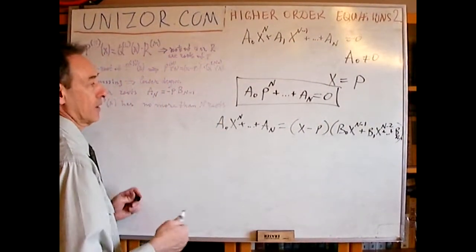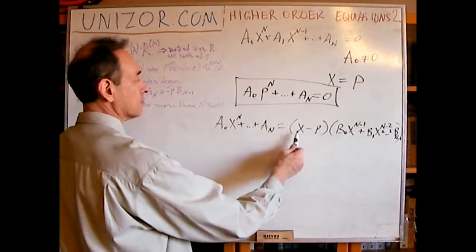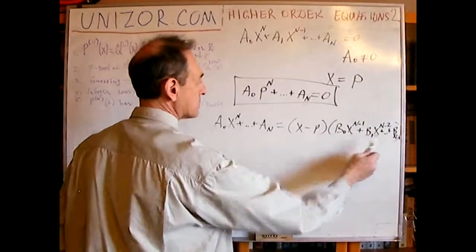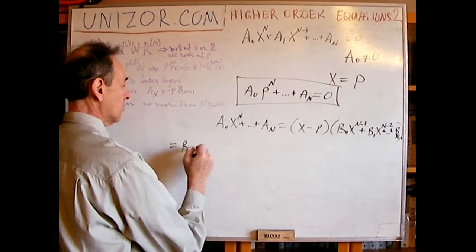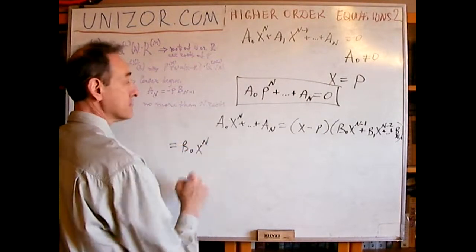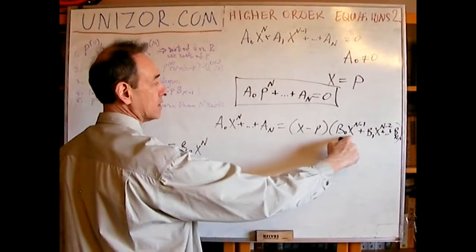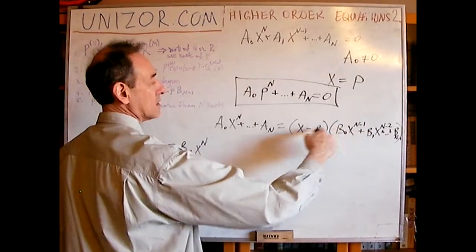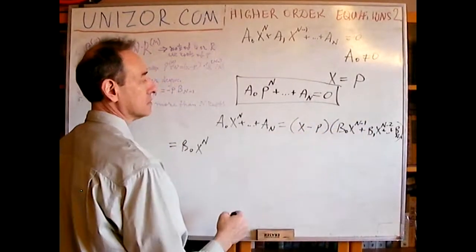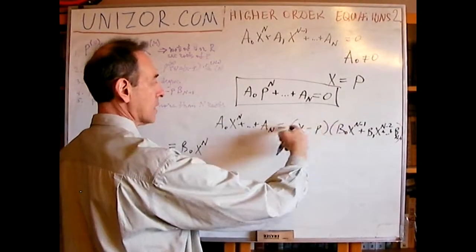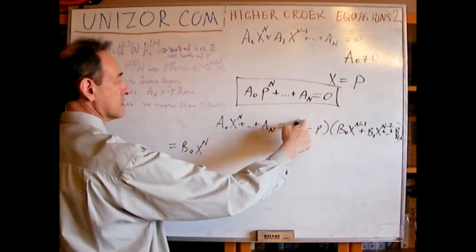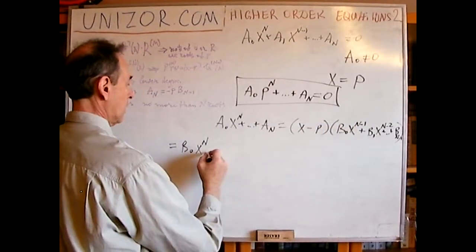Now, what will be the result of multiplication of x times these? It would be, obviously, b0 x to the n, right? x to the first degree and x to the n minus first. So when I multiply one by another, my exponents are added together, so it will be n. This is 1, this is n minus 1.